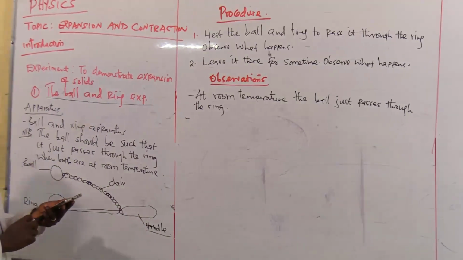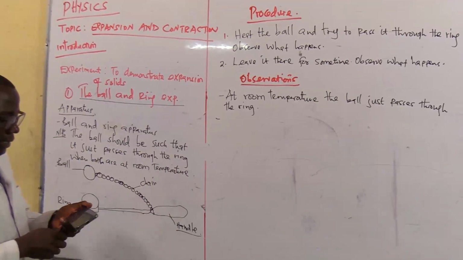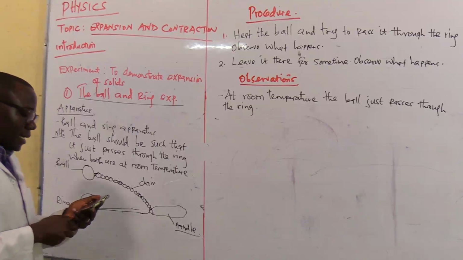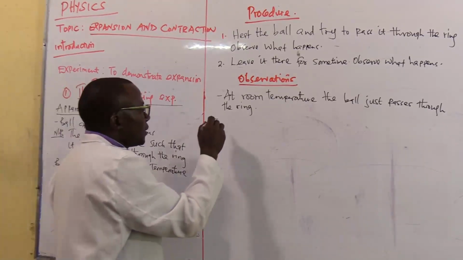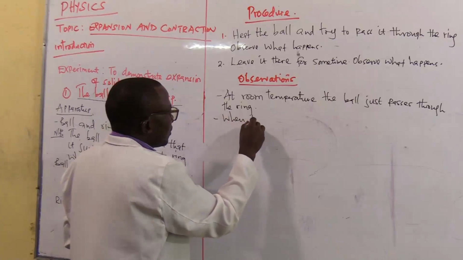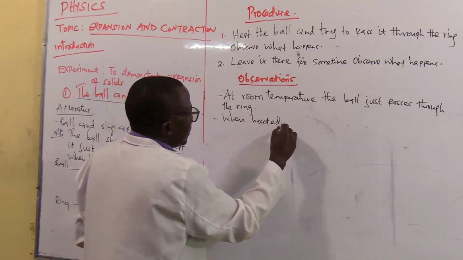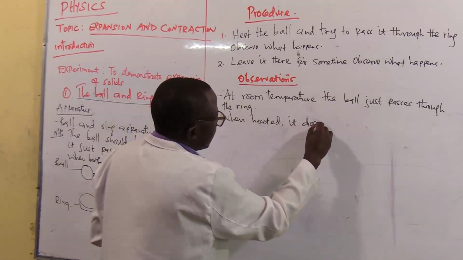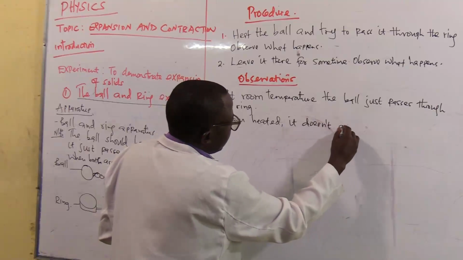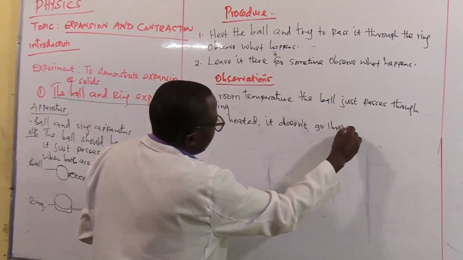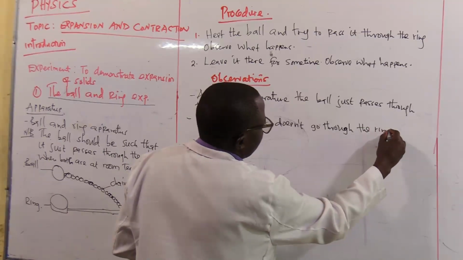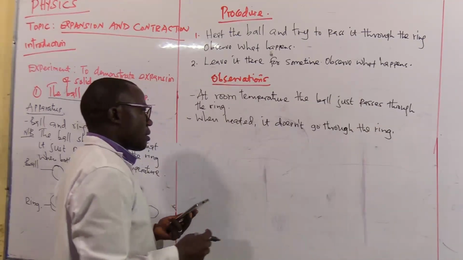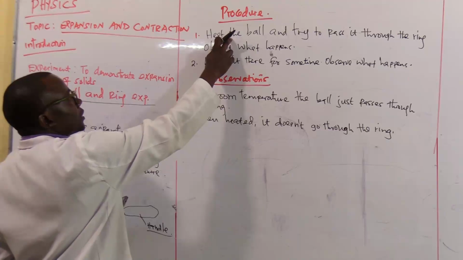Then what about when you heat? When the ball is heated, you will find that it does not go through the ring. So that is according to the first procedure.